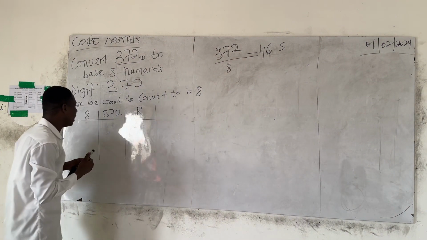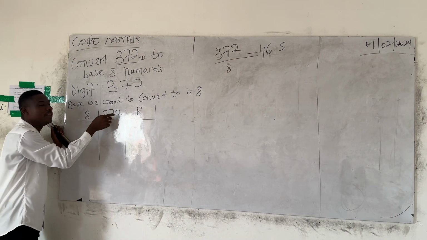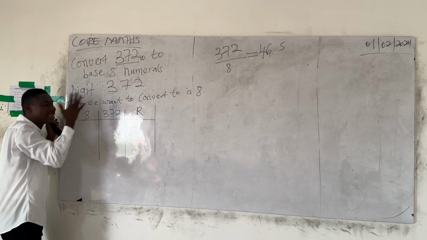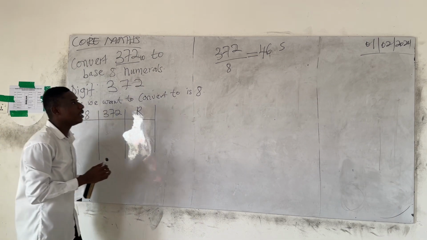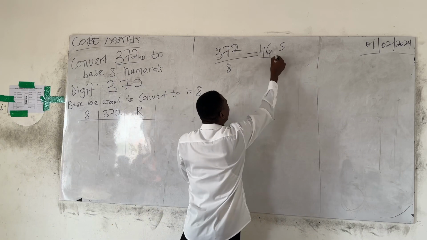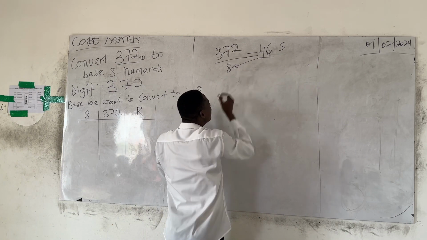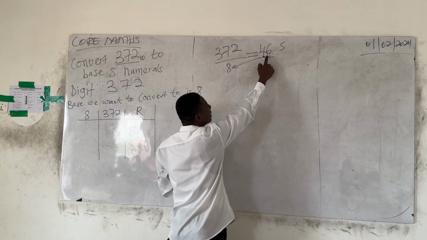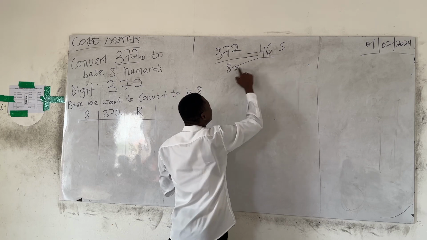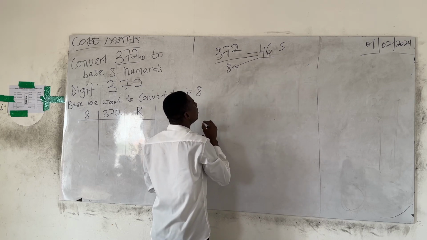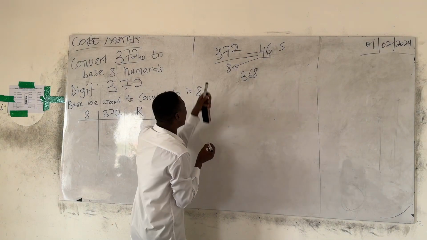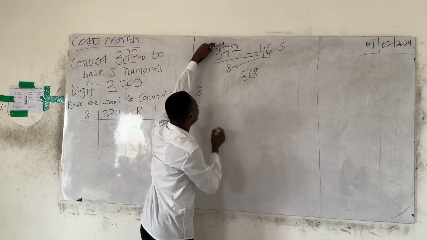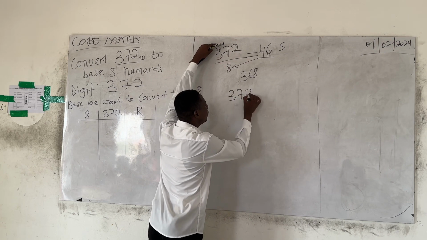Bear in mind that here we are doing divisibility, we want the exact value. Are you following? So this is telling us that we pick the whole number and multiply it by the base. So here the whole part is 46. So let's multiply 46 by 8. 368. Now what do we have here? 372.